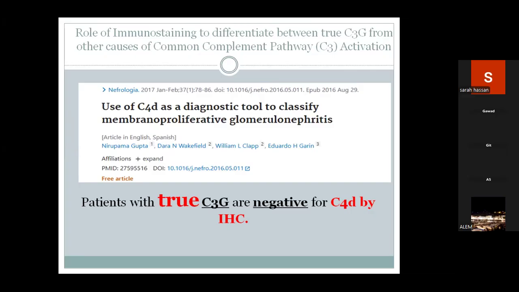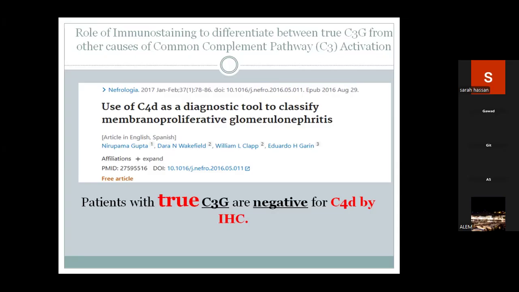If C4d is positive, and it's more sensitive than IgG, someone may ask why you can't use IgG with the C3, as IgG is the antibody denoting antigen-antibody reaction. But I think that C4d is more sensitive than IgG.